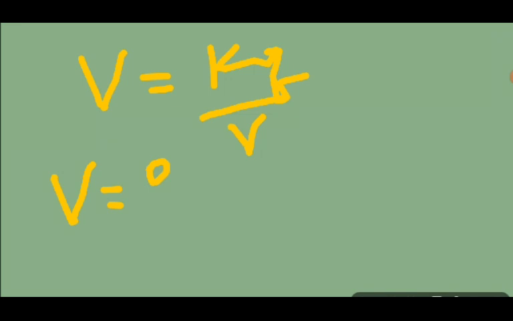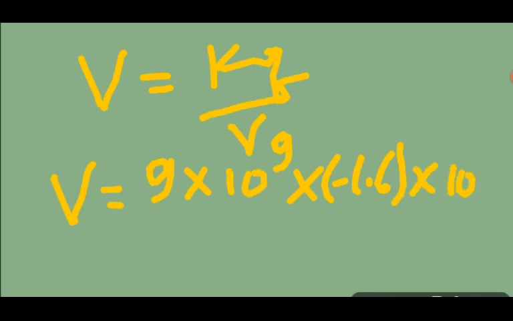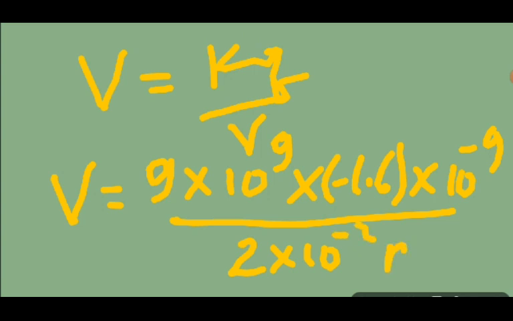V is equal to K, which is 9 times 10 raised to 9 newton meter square over coulomb square, multiplied by 1.6 times 10 raised to minus 9 coulomb, which is given already, divided by the distance 2 times 10 raised to minus 2 in terms of meter. It's given in centimeter. 10 raised to 9 and minus 9 cancel out.